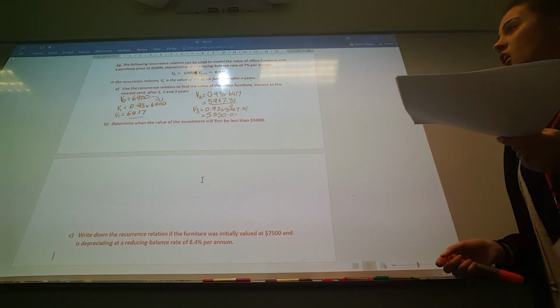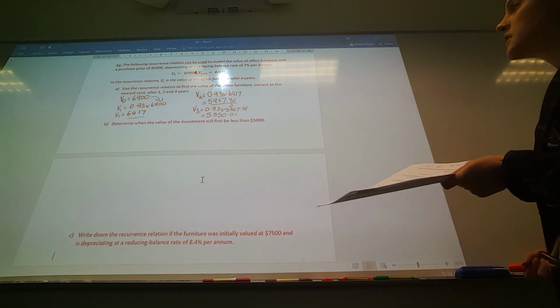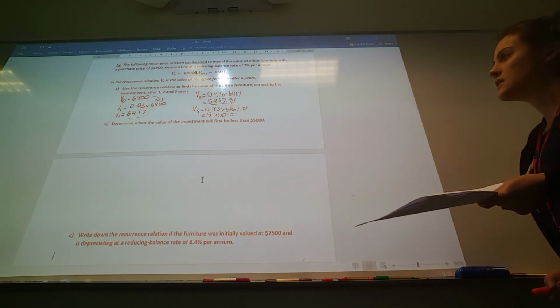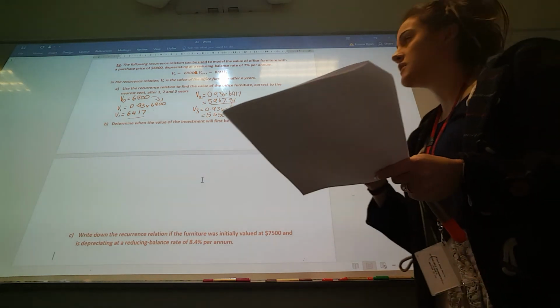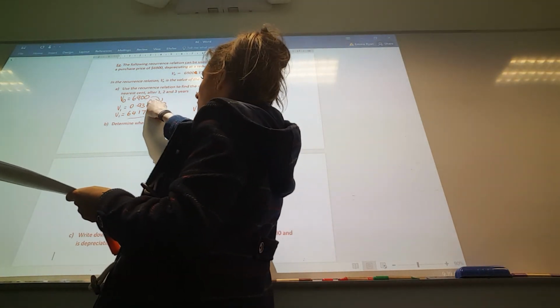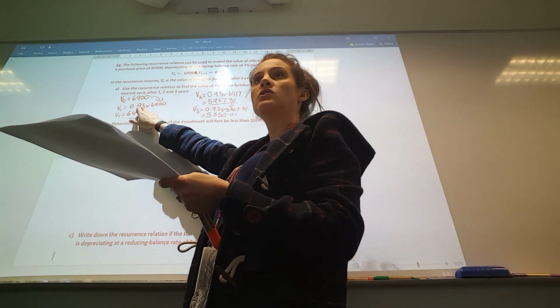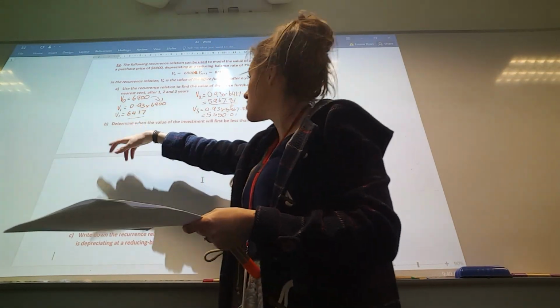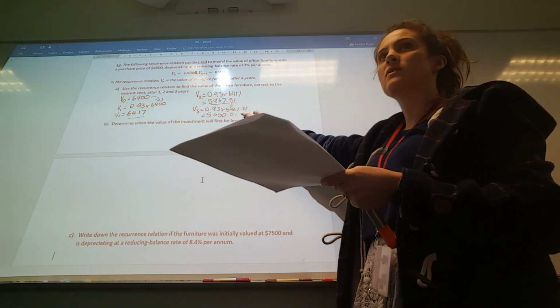All right. So determine when the value of the investment will first be less than $5,000. So same thing in your calculator. You start with this. Enter. Times 0.93 will give us that term. Times 0.93 will give us this one. Times 0.93 will give us this one.